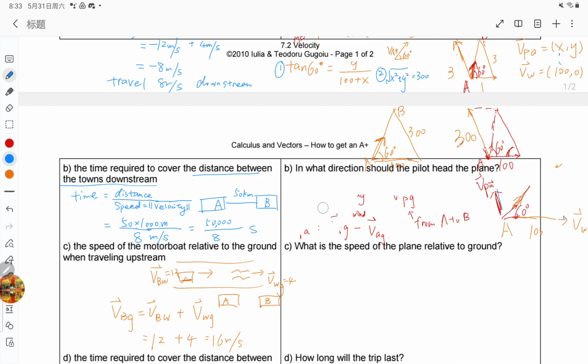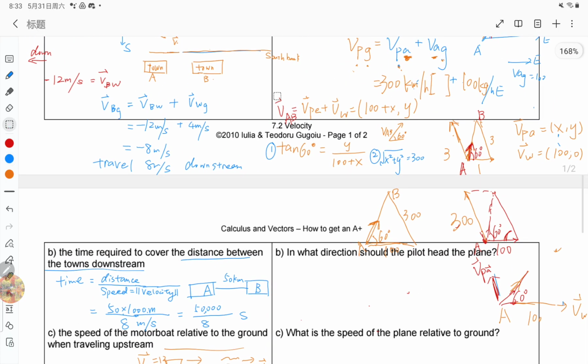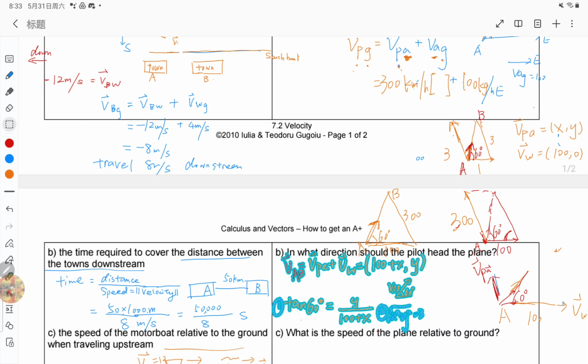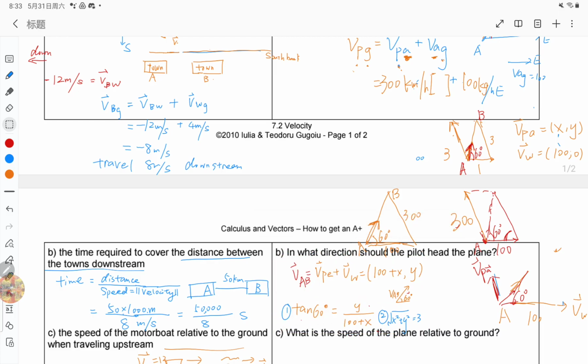So I'll erase these ones because these are just some drawings to clarify thinking, without too much information. I just erase them here, and then I'll put it here.